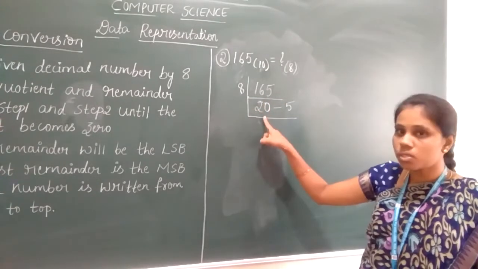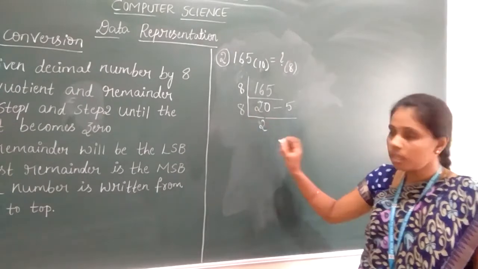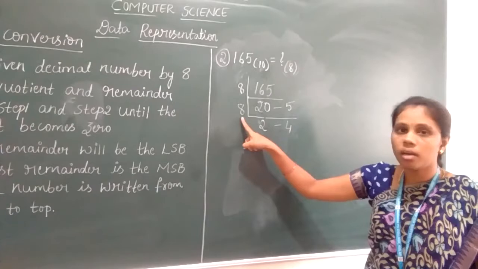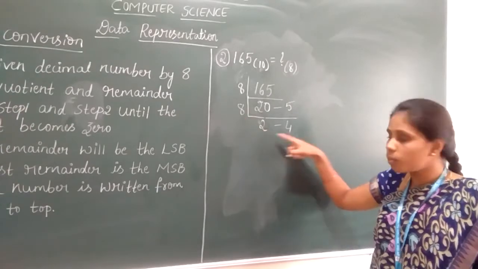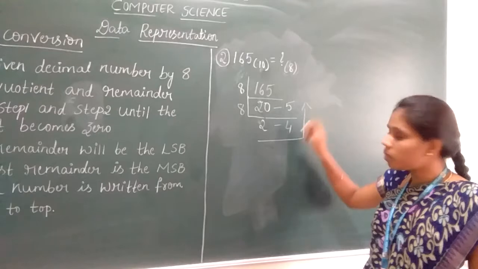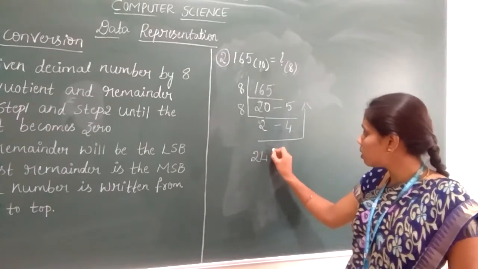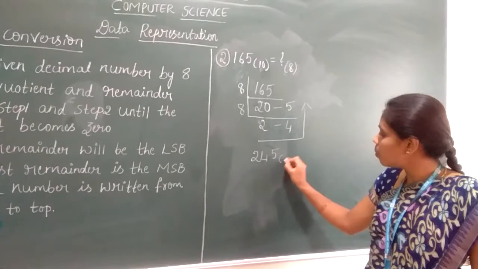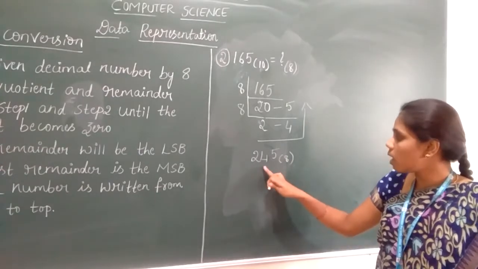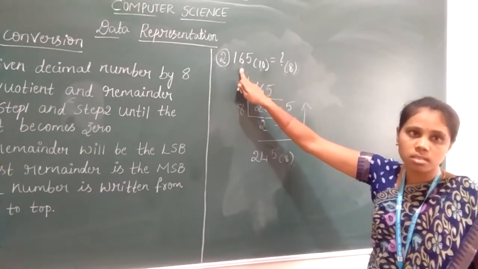Again divide this 20 by 8. 8 2s are 16, the remainder is 4. 2 cannot be divided by 8, hence stop the process and write down the values from bottom to top, that is 2, 4, 5 and the base of this is 8. Now 245 is the octal equivalent value for the decimal value 165.